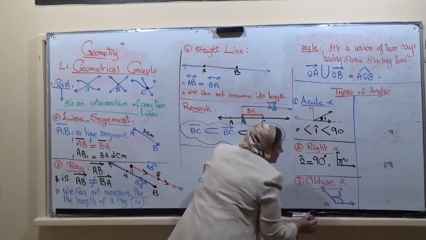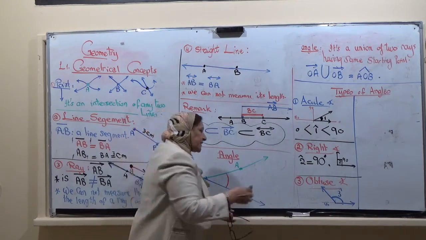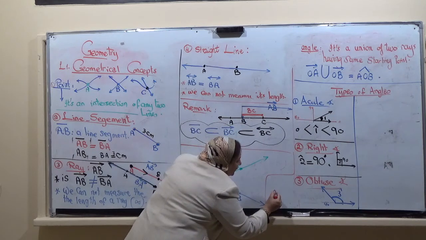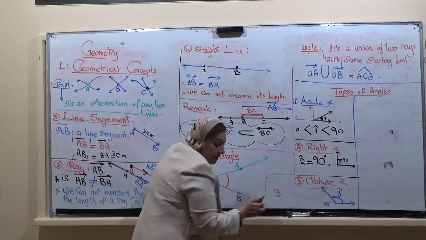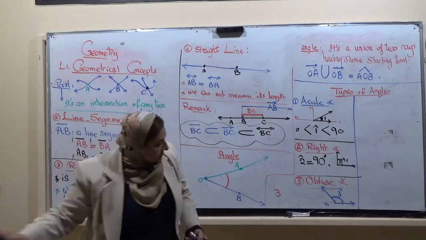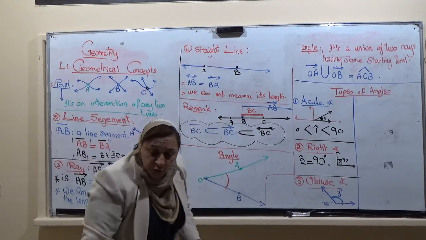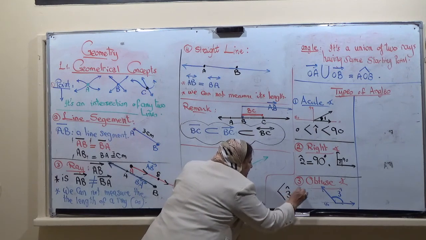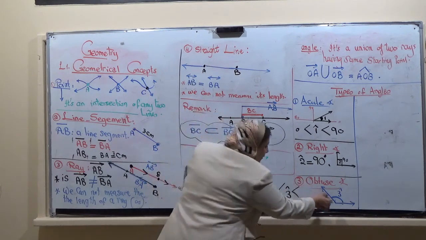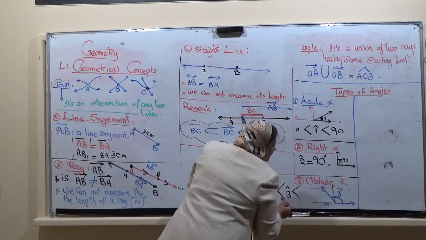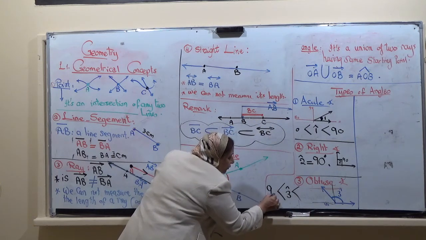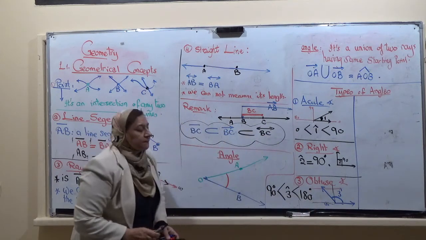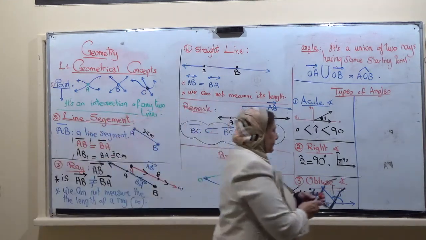So the measure of angle 3 is greater than 90 degrees and less than 180 degrees. This is the obtuse angle.